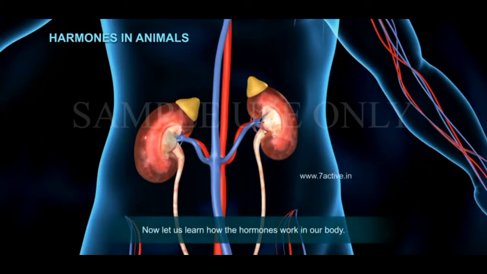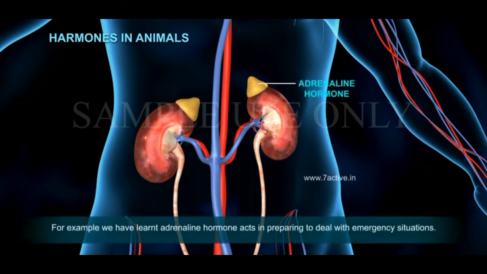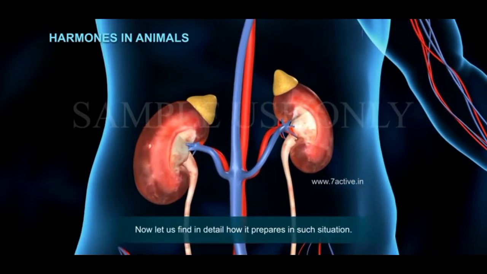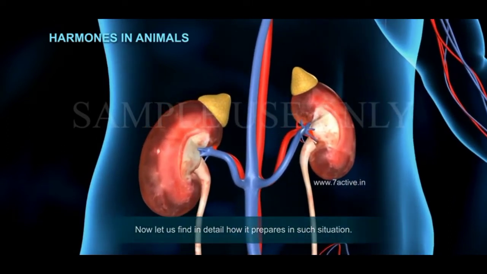Now let us learn how the hormones work in our body. For example, we have learned that the adrenaline hormone acts in preparing to deal with emergency situations. Now, let us find out in detail how it prepares in such a situation.